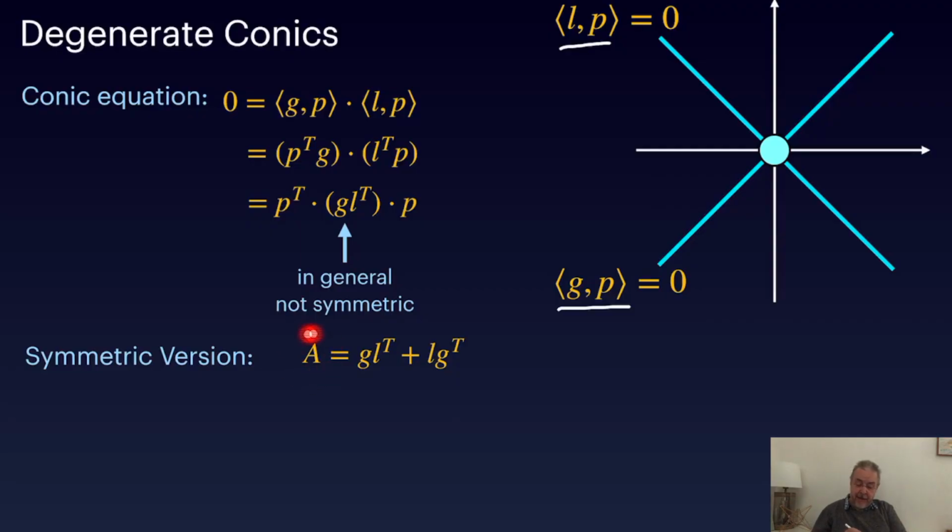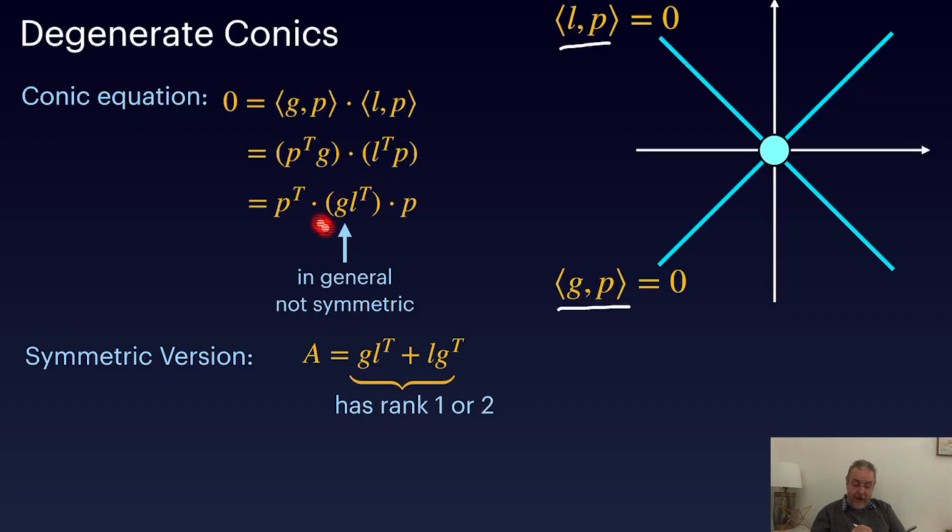And this here is the matrix A of the conic that you see in that picture, and it turns out that this matrix either has rank 1 or rank 2, depending on the question whether those two lines coincide or not. So if you look at the matrices on that page. Here you have a matrix.